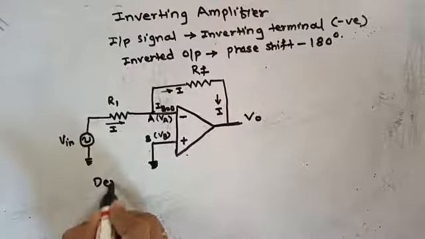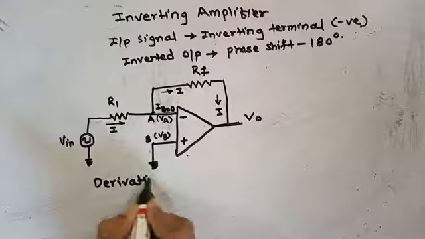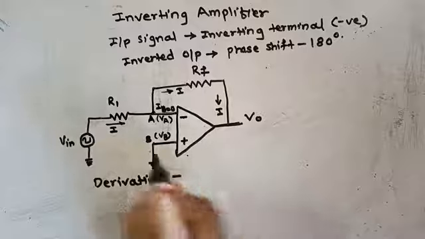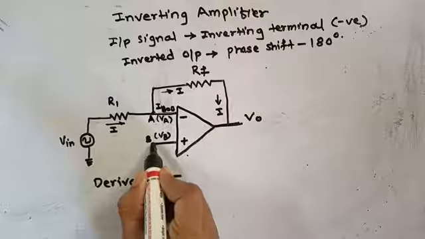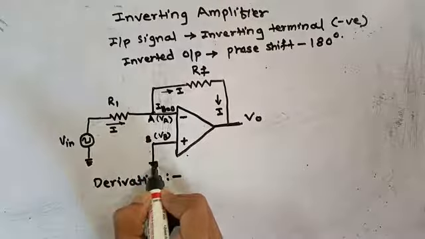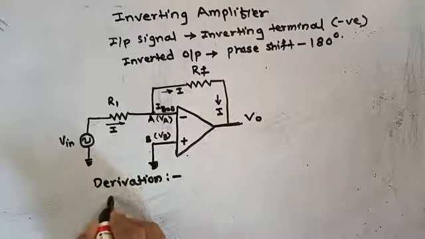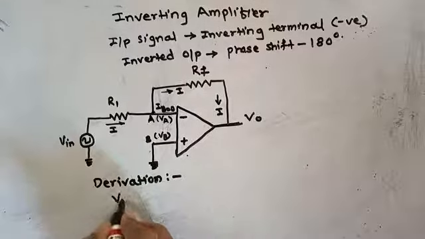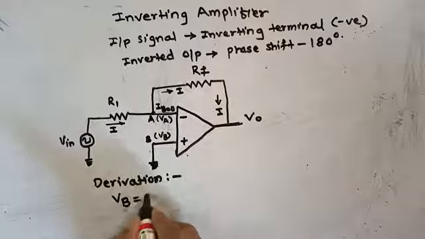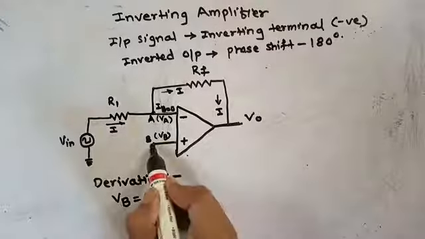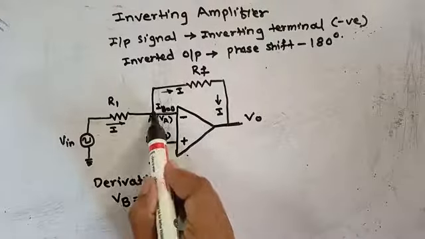Now we can find the derivation. Point B is connected to the ground, so the potential at point B, VB, is 0. So what about VA?